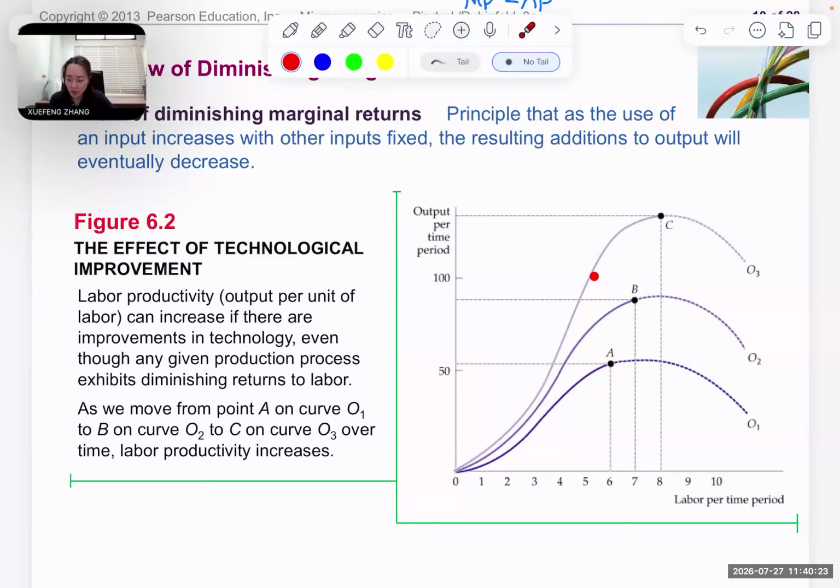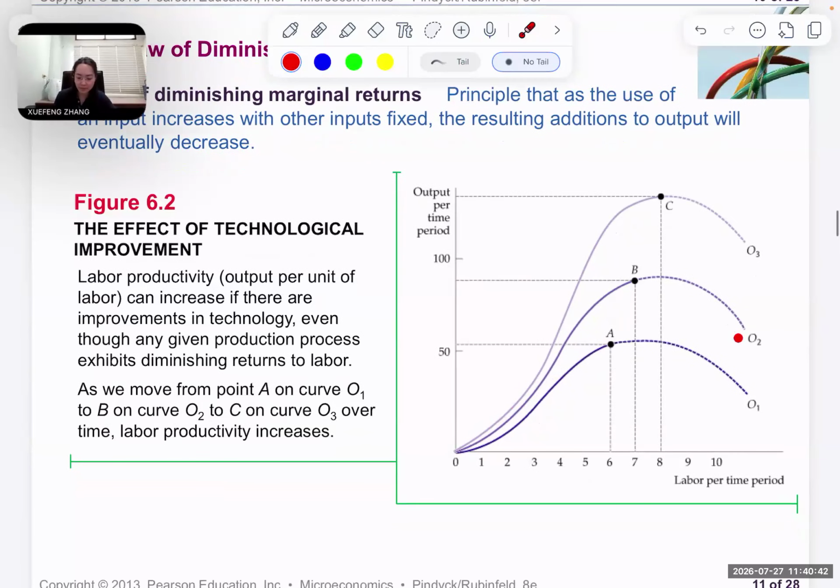Which means output rises then flattens. But O2 sits above O1 and O3 sits above O2, meaning at the same number of workers, later curves produce more output. Why?